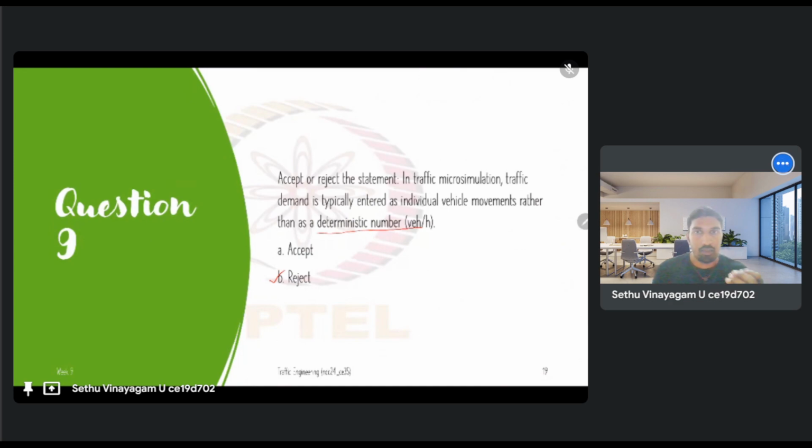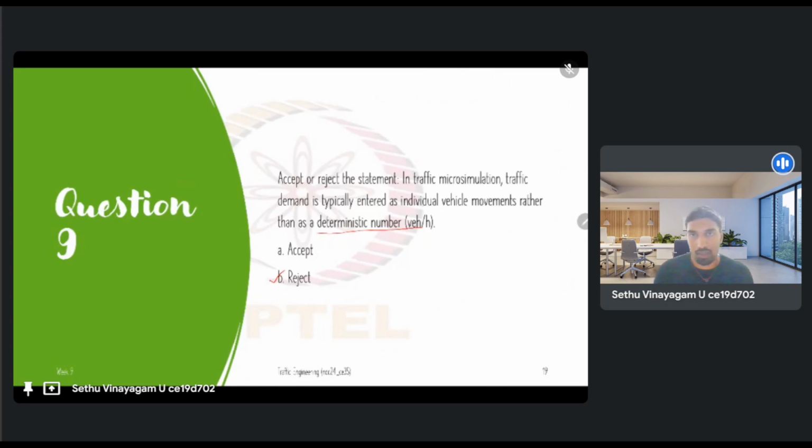So that is modeled as a stochastic process. We take it from a distribution, so we observe from the field that the different turning movements follow a particular distribution, and then from that distribution we sample each time and use that for the simulation.